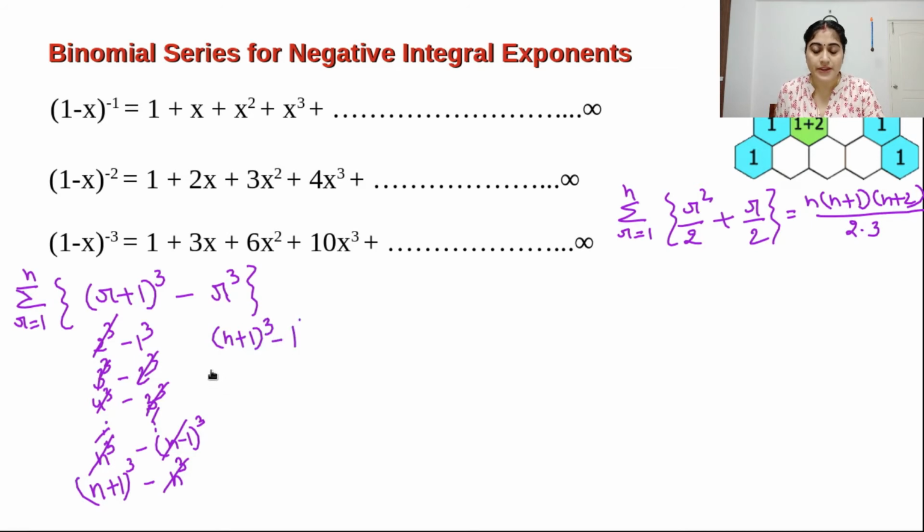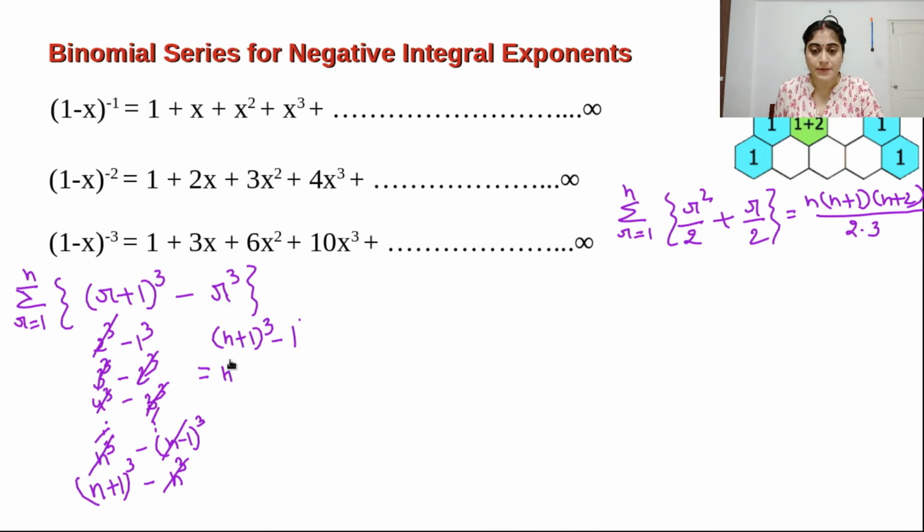Okay, if I expand this, a plus b whole cube is a cube plus 3a square b plus 3b square a plus b cube. We can also expand it directly by simple multiplication.